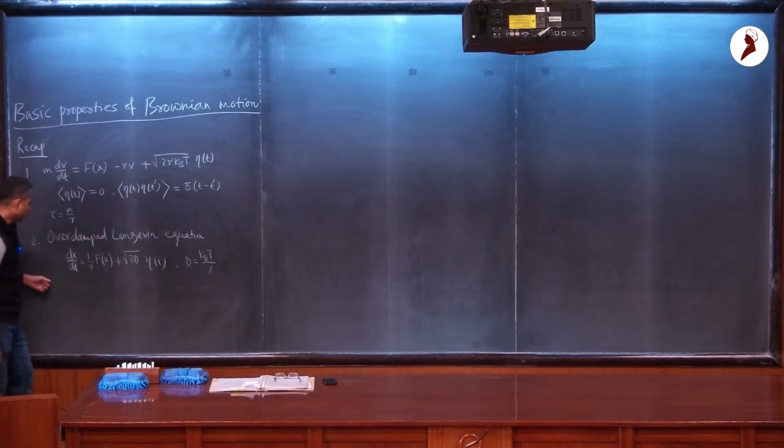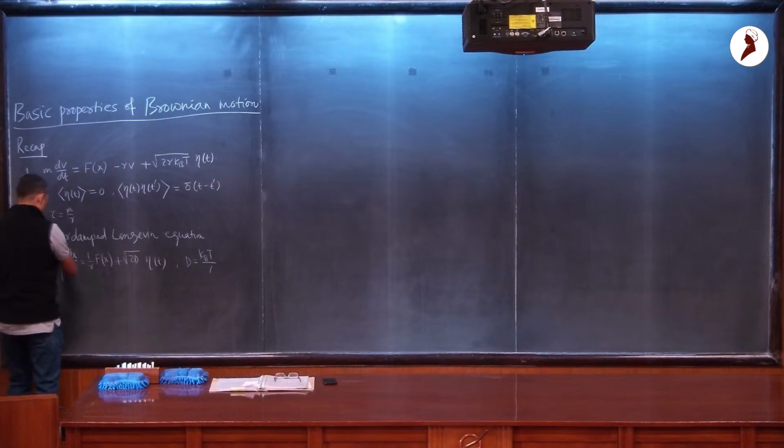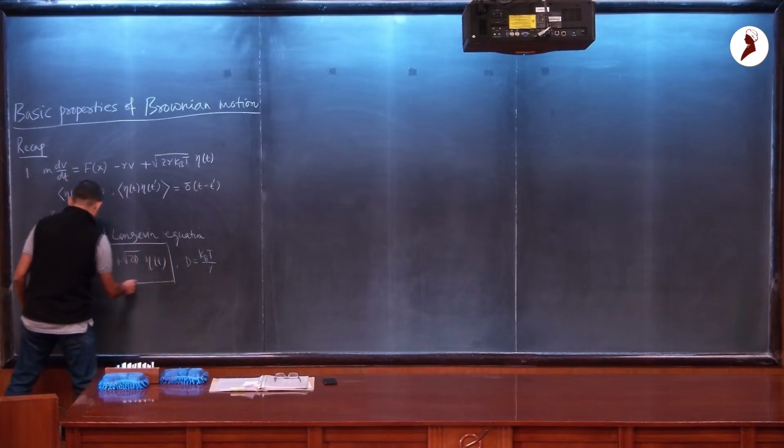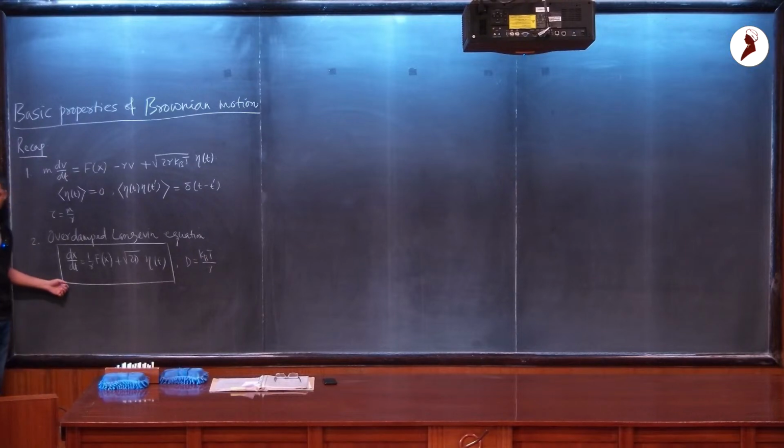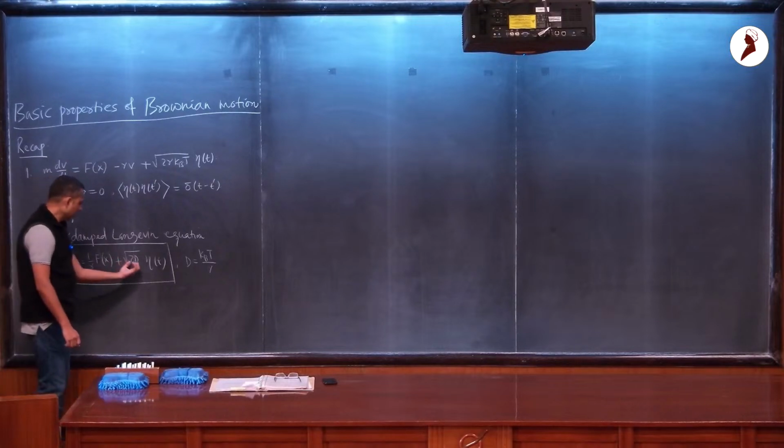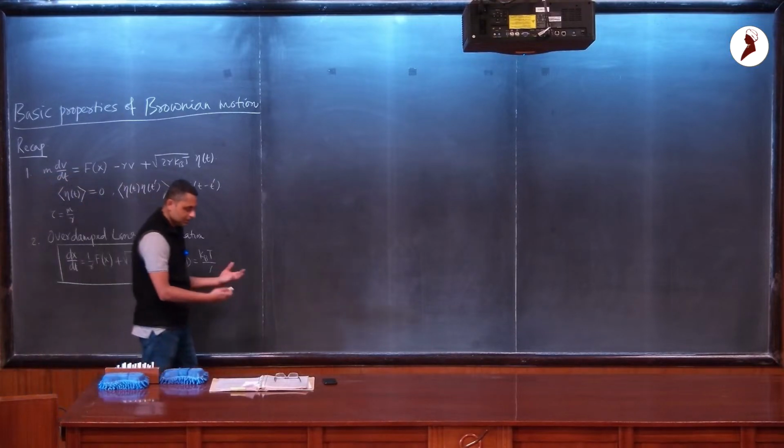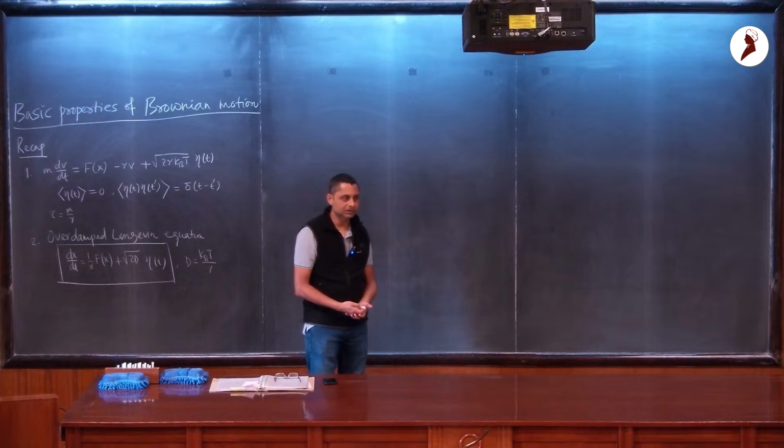Okay. So normally when you say Brownian motion, you generically mean this equation. In fact, most of the time when you say Brownian motion, you actually mean the equation with f equal to 0. And now you can think of D as some parameter of the problem, basically, right?